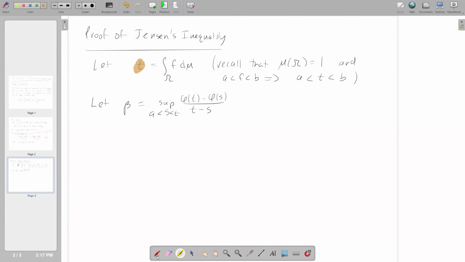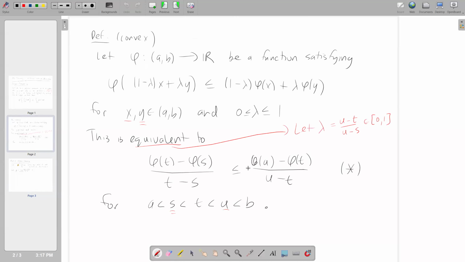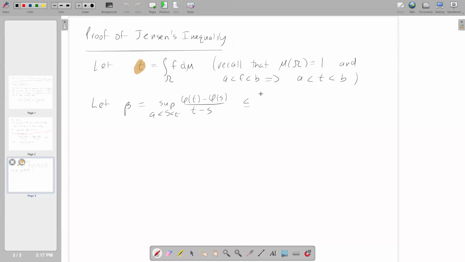And then for sure this is less than or equal to the right-hand side of the previous page. So let me write that down. Less than or equal to phi of u minus phi of t over u minus t for u between t and b. So I have that inequality.